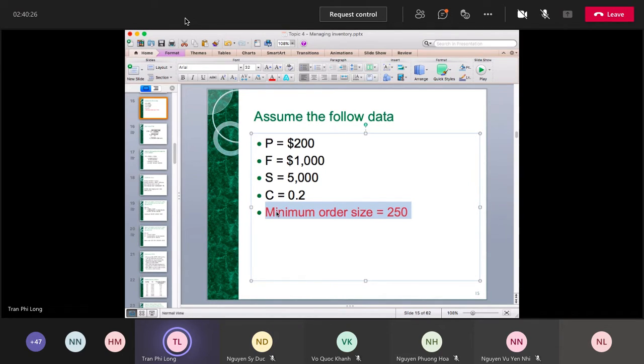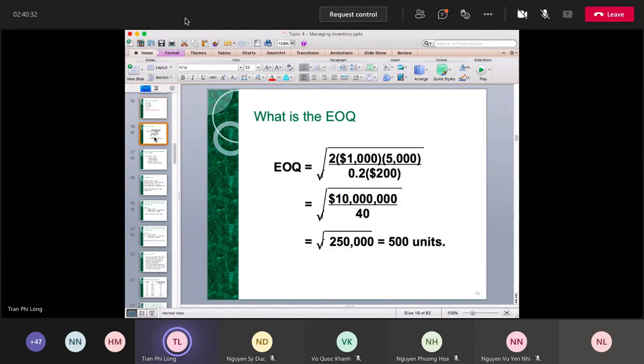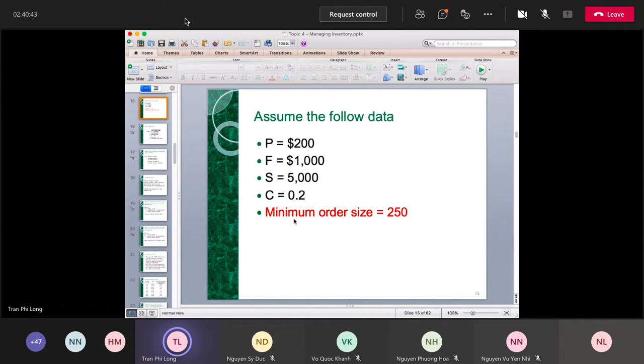For example, if you calculate the EOQ and you find out that the EOQ is, let's say, 200, so what is the optimal level of inventory? It must be 250, right? Because you cannot order an amount of inventory smaller than 250.